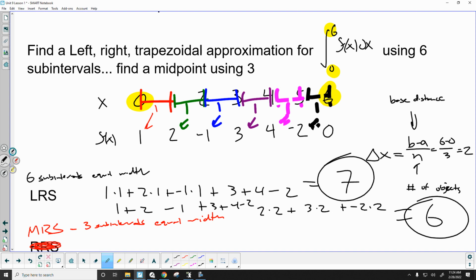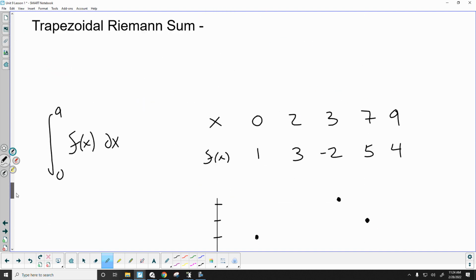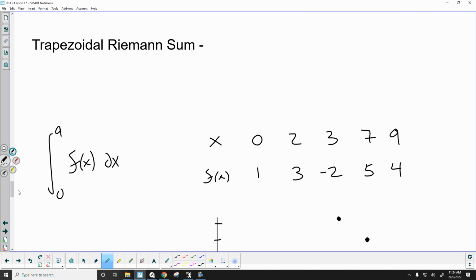One more, trapezoid. Uh-oh. No more rectangle, trapezoid. I didn't even tell you what the area of a trapezoid is. Anybody remember what the area formula of a trapezoid is? How do you find it?